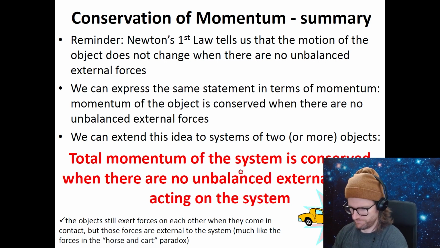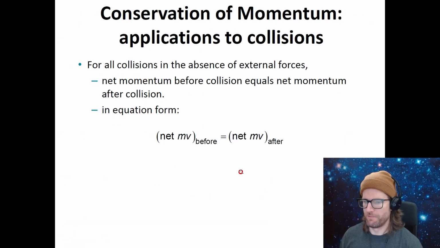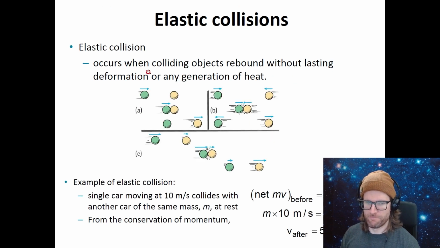Okay, let's do some examples. Conservation of momentum, applications to collisions. We'll do some collisions. So the net momentum before is equal to the net momentum after. This is before and after collisions. An elastic collision occurs when it's a perfect bounce.